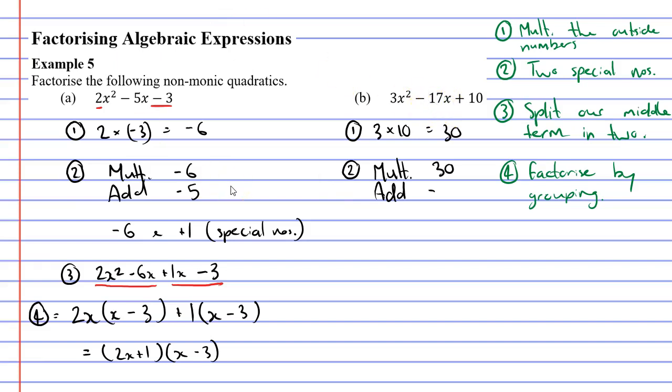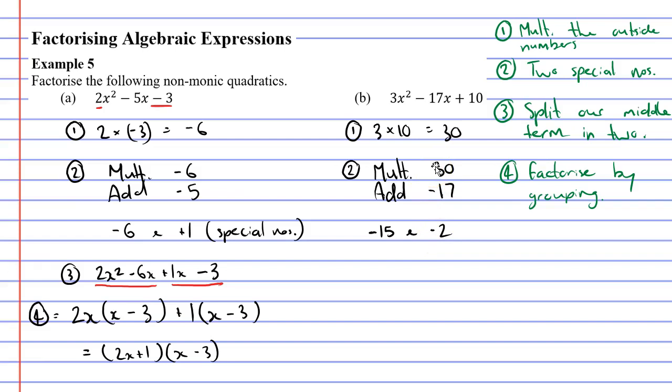So they've got to add to make negative 17. So what could those 2 numbers be? I reckon they're going to be negative 15 and negative 2. Because negative 15 added to negative 2 makes negative 17. And negative 15 times negative 2 makes positive 30.